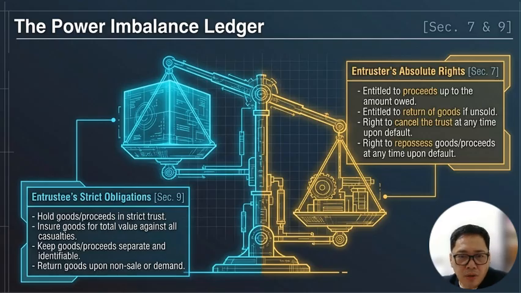And return unsold goods. If the items are not sold, or if the entrustor simply demands it, the entrustee must return the goods, documents, or instruments, and observe all conditions. The entrustee must follow all agreed upon terms provided they are not contrary to the provisions of the decree.